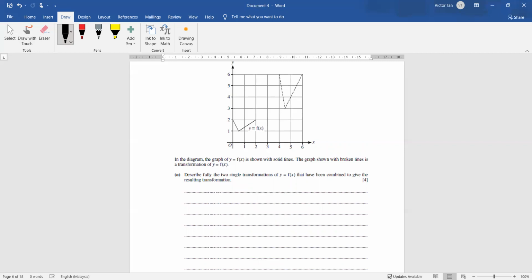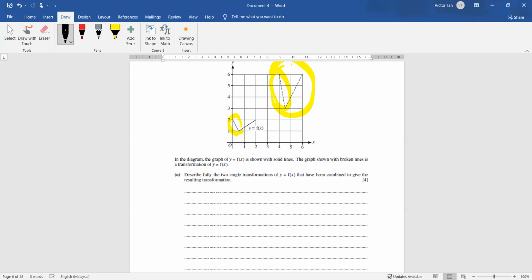If you look at the shape of the image, you see here and here, is a stretch from 1 unit to 3 units.